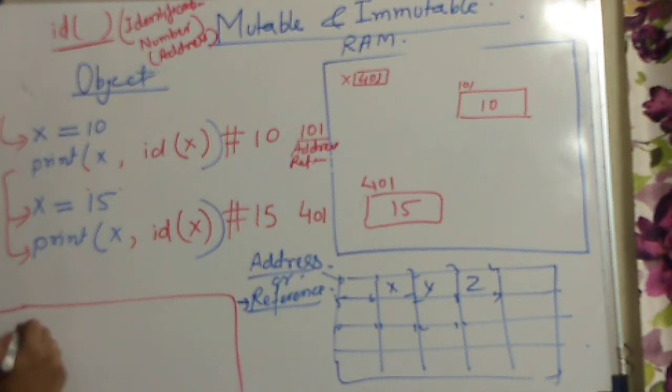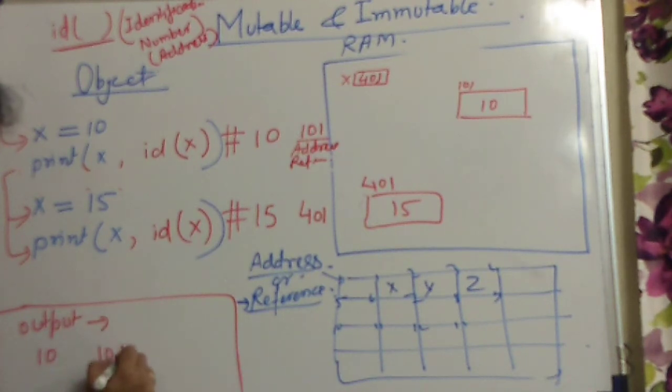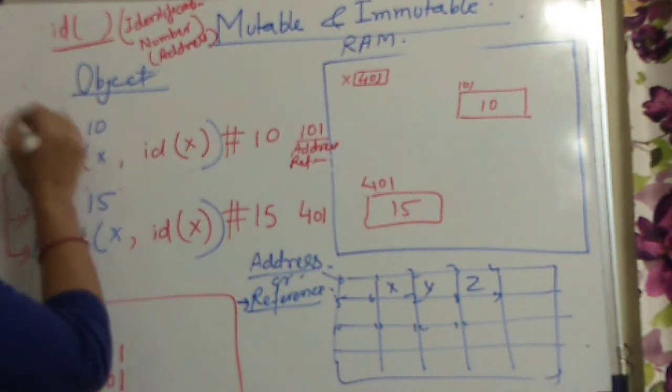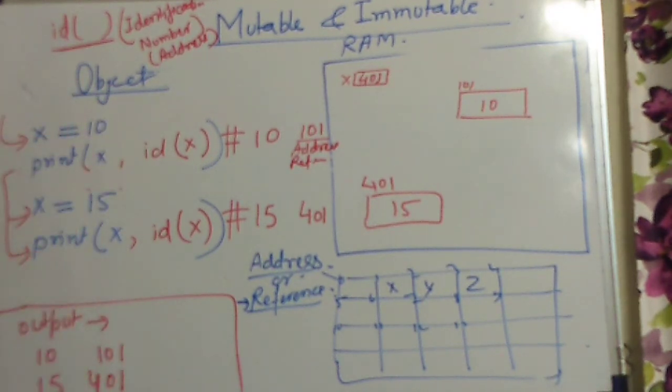So what output will you get? I am going to write it here. Output: 10, 101, 15, 401. Clear? So this is called immutable. Clear? The value is not assigned to that particular location.